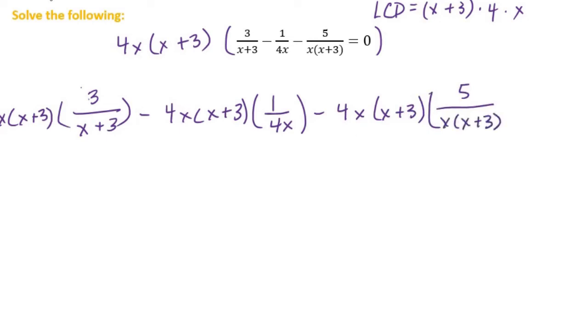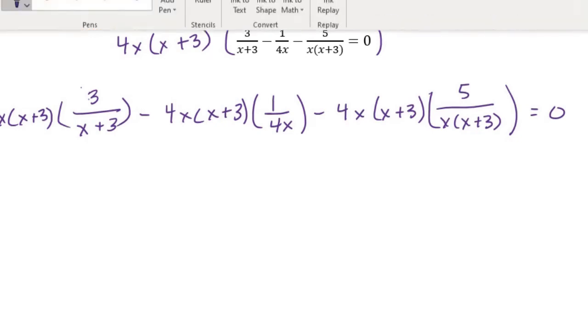I don't mind that I'm running out of space because I have a 0 on the right-hand side. So even though, of course, that right-hand side is also being multiplied by the lowest common denominator, by 4x times x plus 3, 0 times anything is 0. So I'm going to leave that as 0.